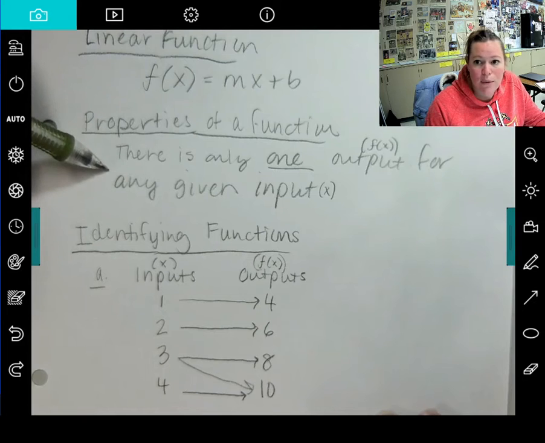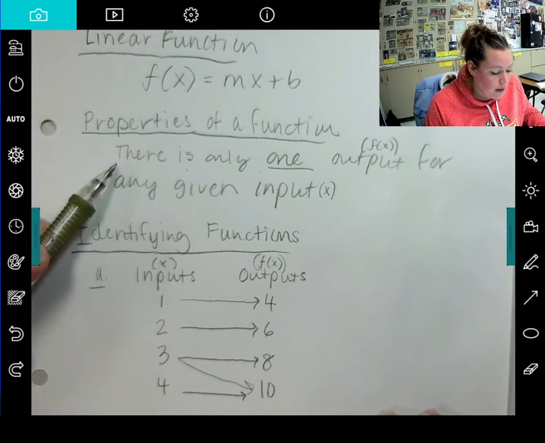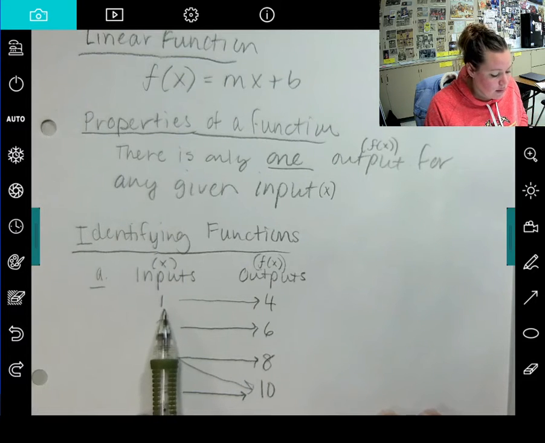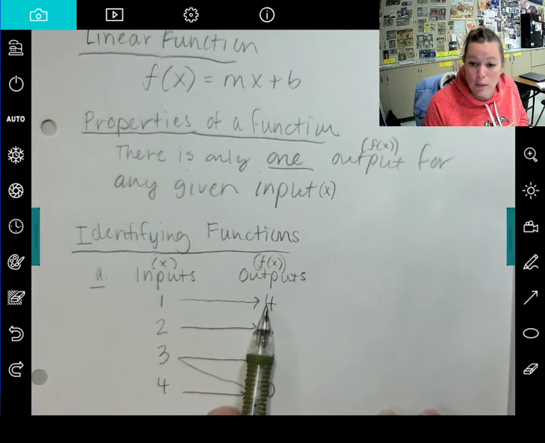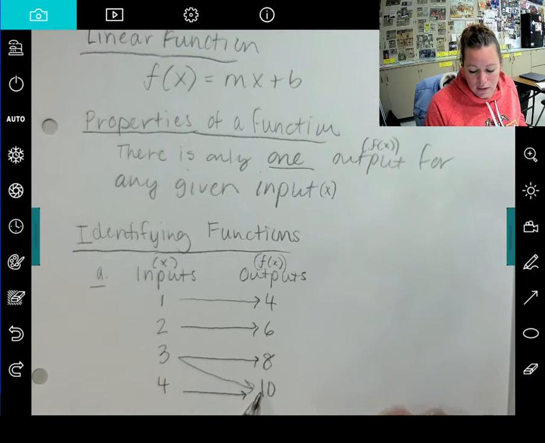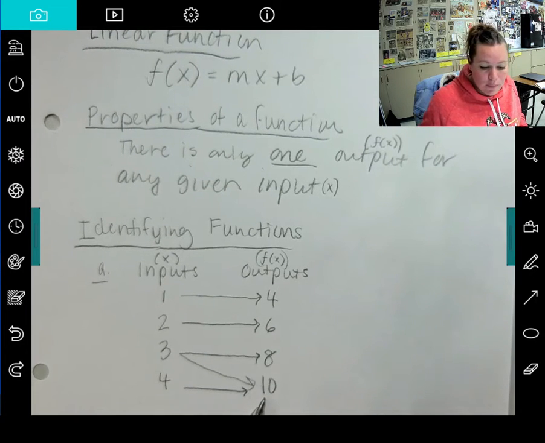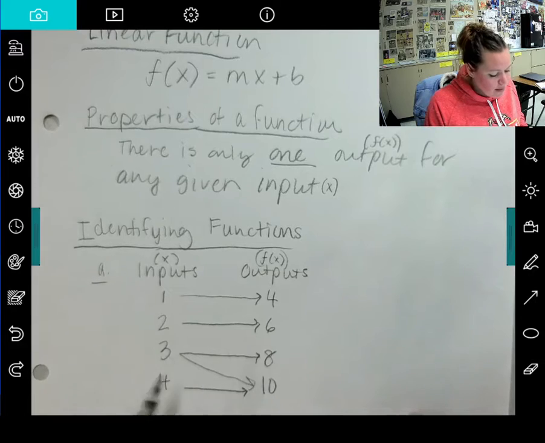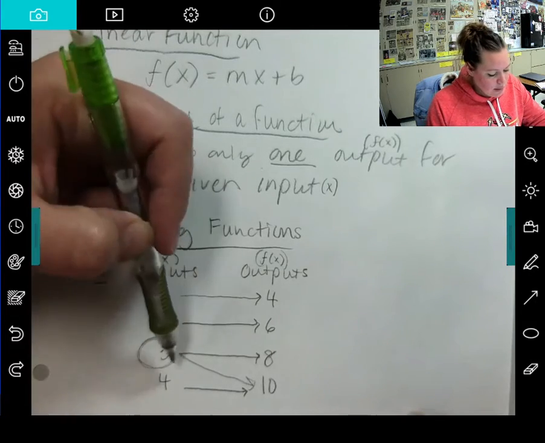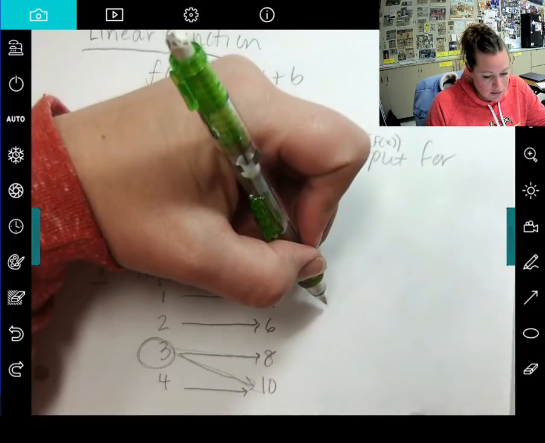If we look at our properties of functions, there is only one output for every given input. We look at 1, there's only one output. We look at 2, there's only one output. When we look at 3, we get 2 different outputs. When we look at 4, there's only one output. Because 3 as an input gave us 2 different outputs, this is not a function.